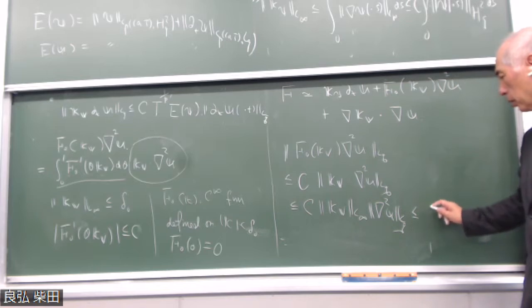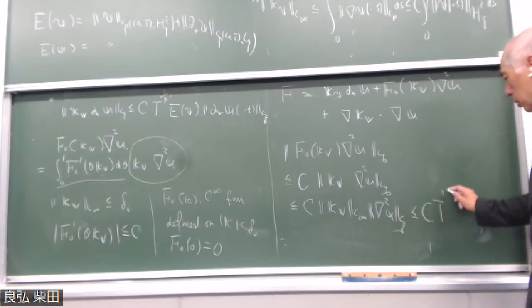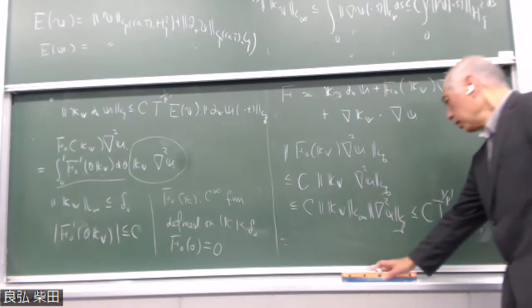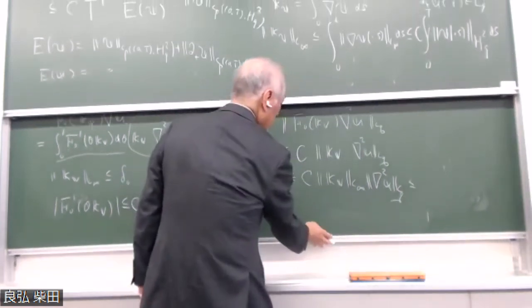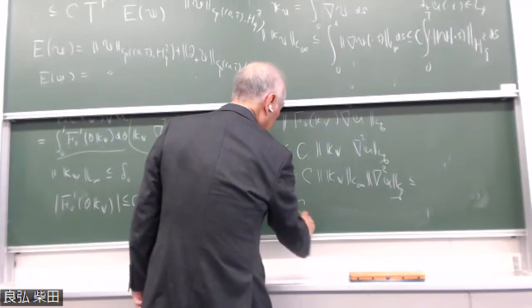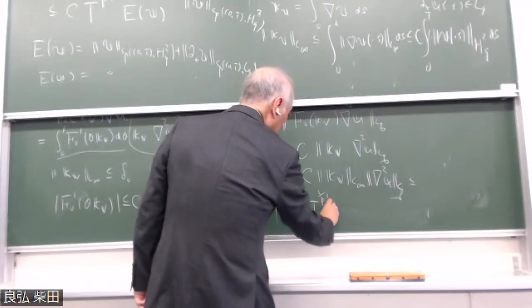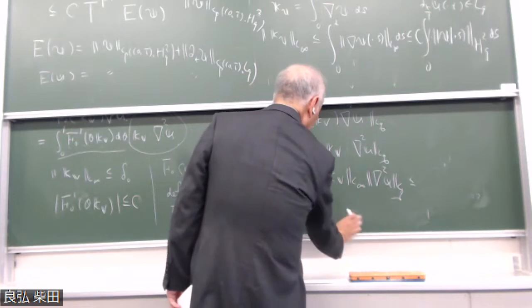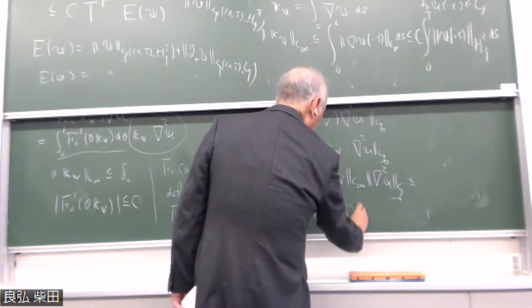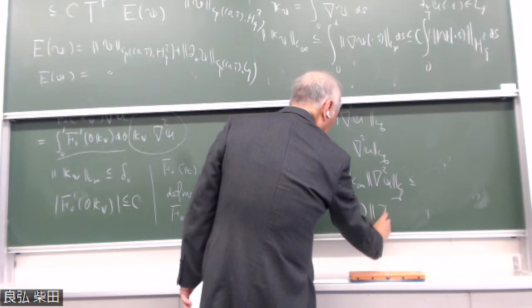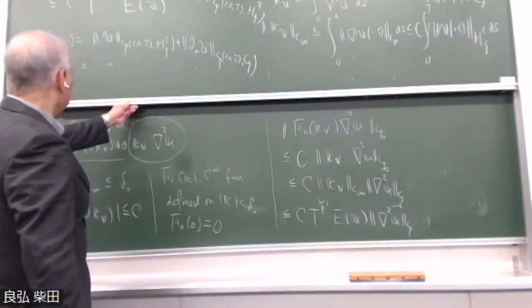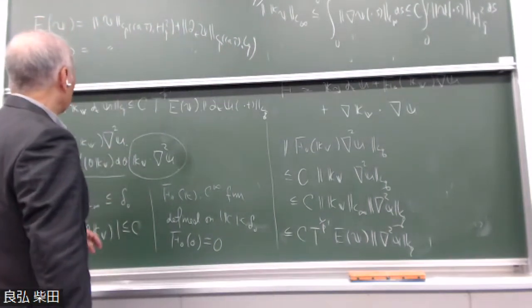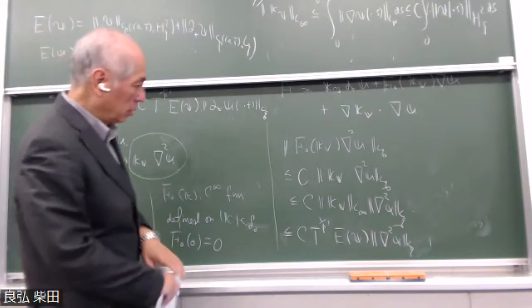So it's really how T to the power. So this can be estimated, P prime, P, second derivative of U LP. It's the same as this one.